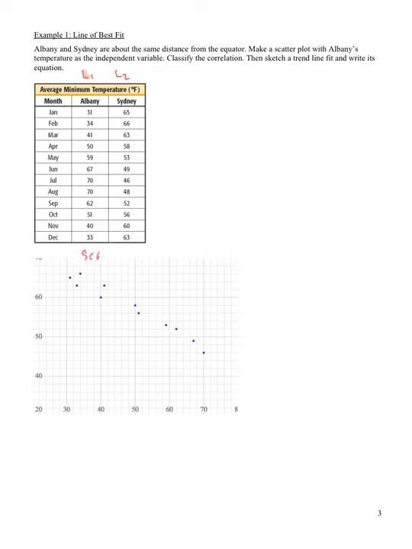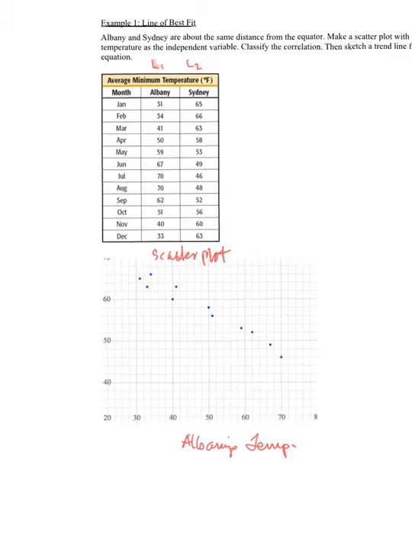So what you could do to find a trend line is to make a scatter plot. So here I have a scatter plot. And I can see on this scatter plot that my horizontal axis is perhaps Albany's temperature, and on my vertical axis, my y, my output, that would be representing Sydney's temperatures.